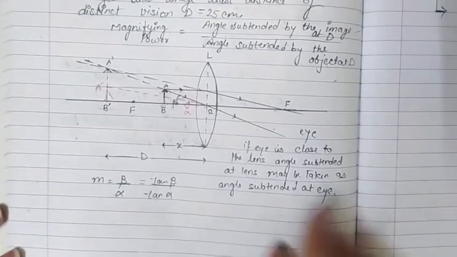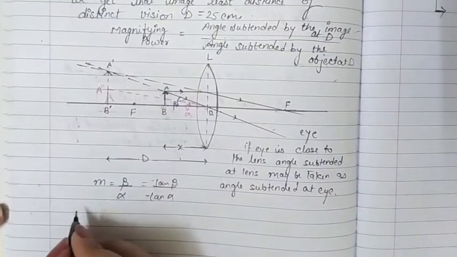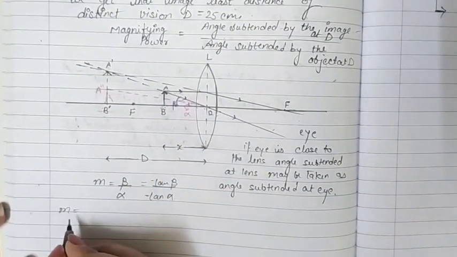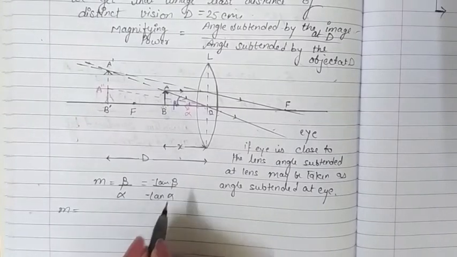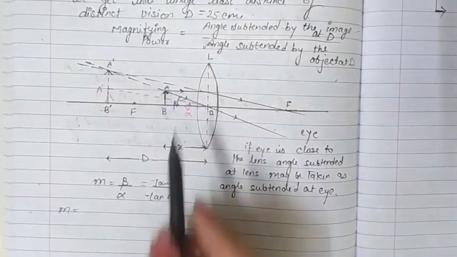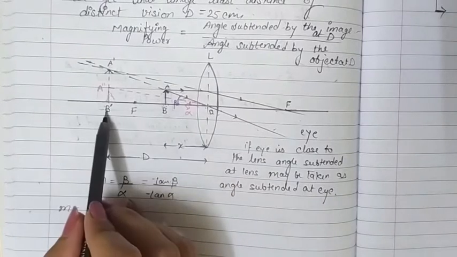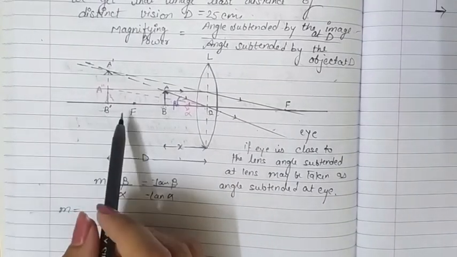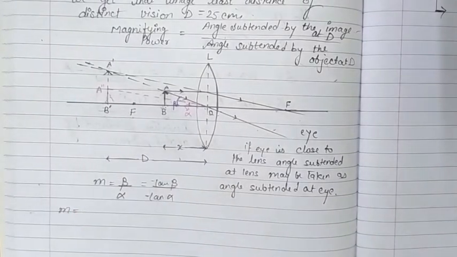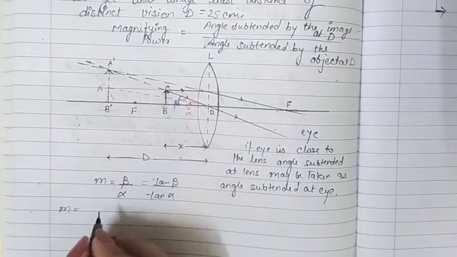Now from these right angle triangles, we can find the value of tan beta and tan alpha, and we will substitute these values here. So first I am finding tan beta. In triangle A'OB', tan beta can be given as perpendicular upon base.